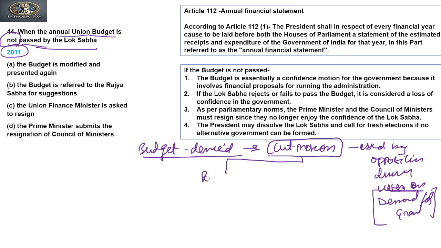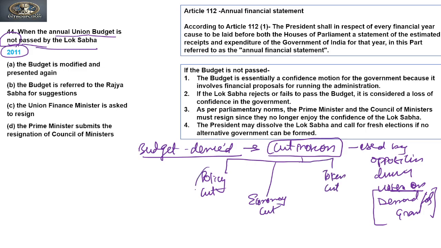The first is the policy cut motion, the second is the economic cut motion, and the last is the token cut motion.